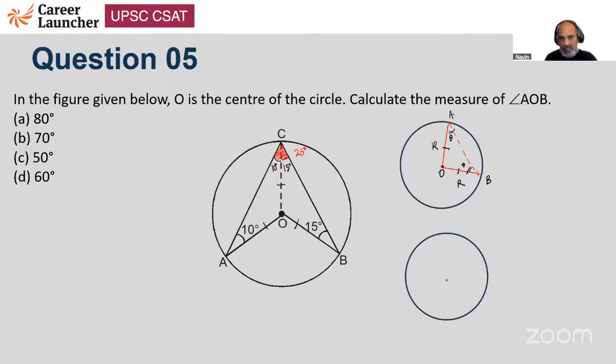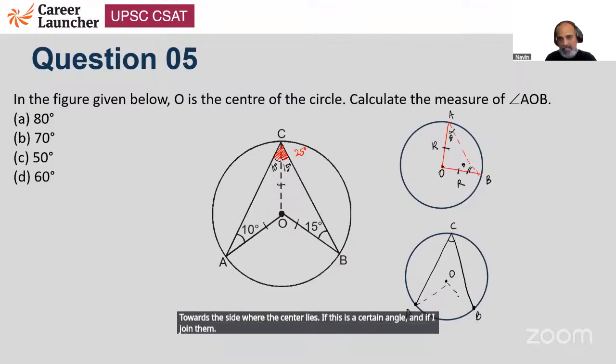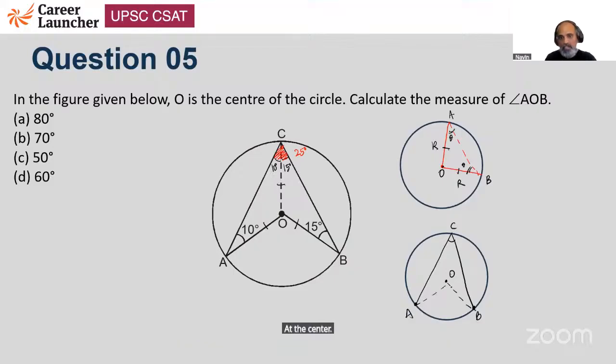Next, if I have a center of a circle, let's call this O, and if I take two random points, let's call them A and B, and if I join these two random points on the circumference towards the side where the center lies, if this is a certain angle, and if I join them at the center, what is the relationship between these two angles?